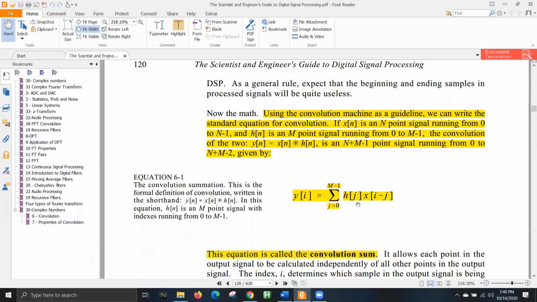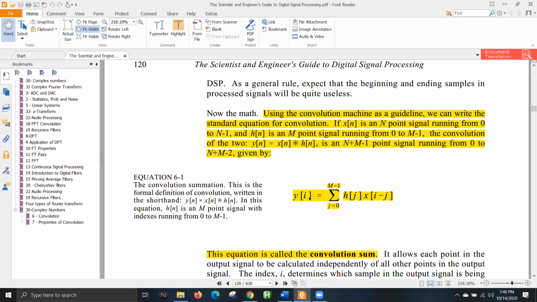And how do you calculate the values? The output side algorithm considers the output signal points and how each of them comes from multiple input signal points. We have already said this before. So here we define the equation this way: y[i] equals the summation of h[j] times x[i minus j], where j runs from 0 to M minus 1.